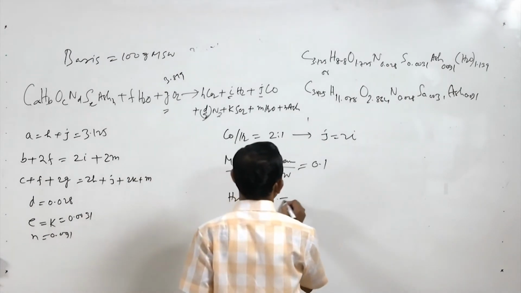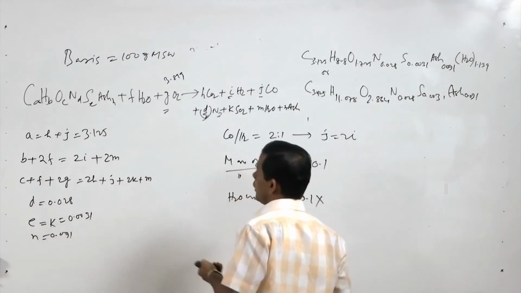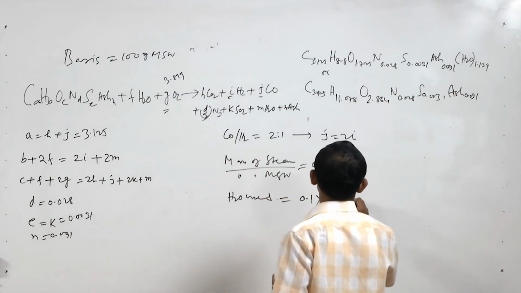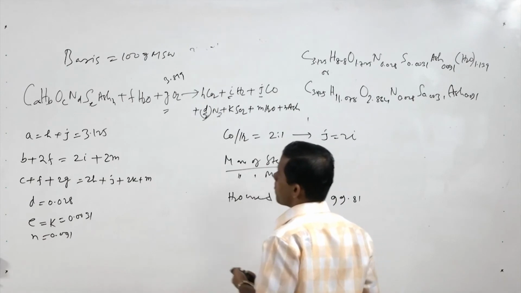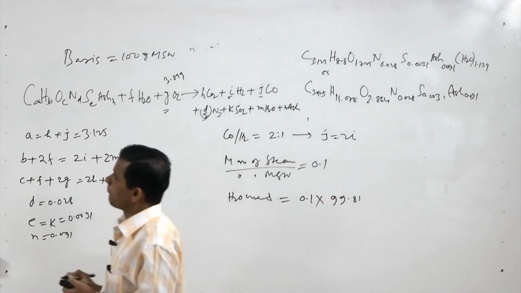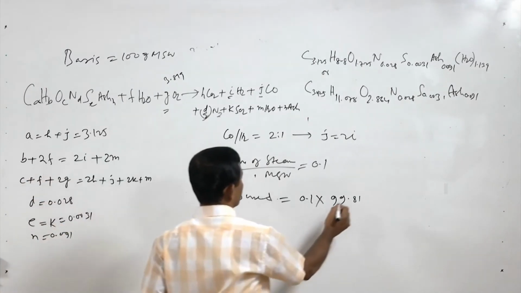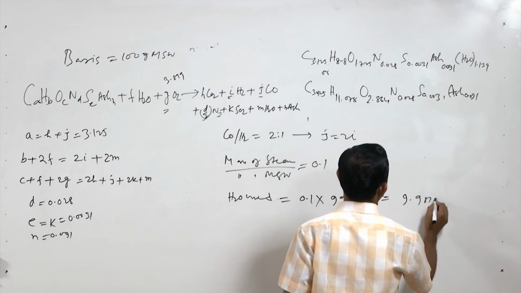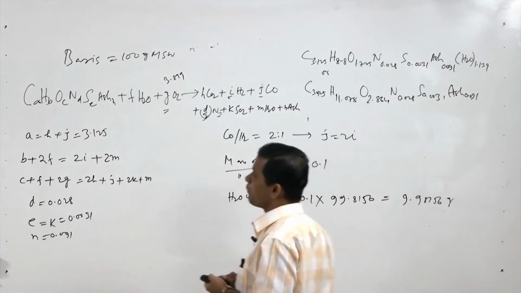Used is equal to 0.1 into 99.8156 gram, that is equal to 9.98156 gram.